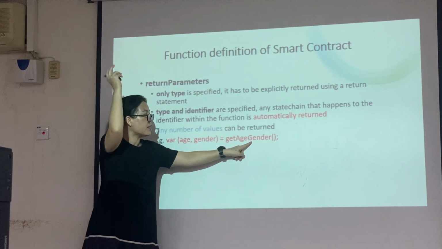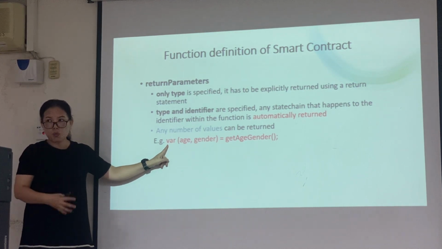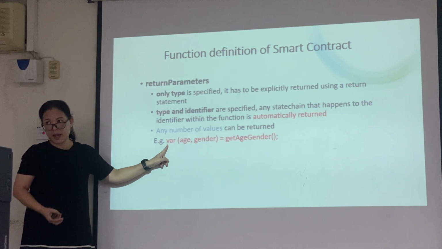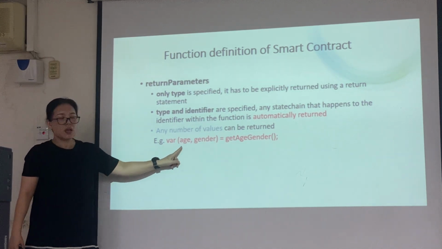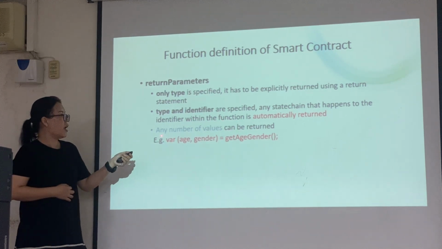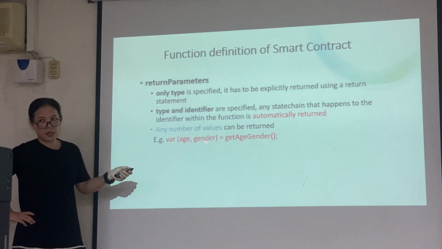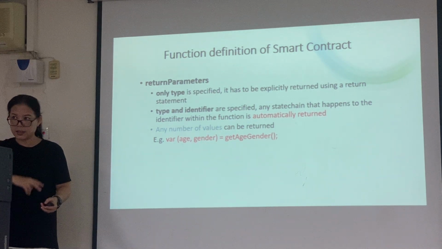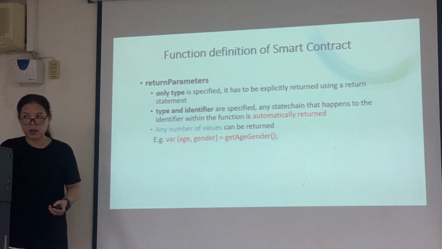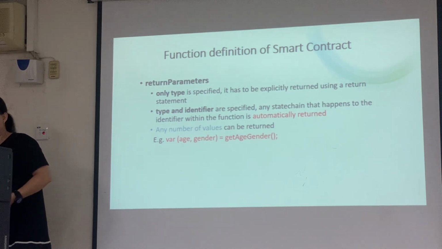It means your front end, your JavaScript, must have two variables ready to receive the returned data, so variable age, comma, gender. So any number of values can be returned. When you return, as an example, two data at one time. All the while just now we were only returning one value. Actually, you can return more than one value.